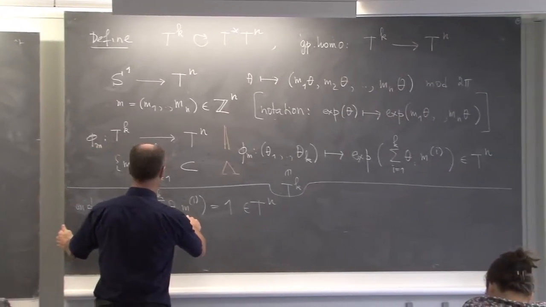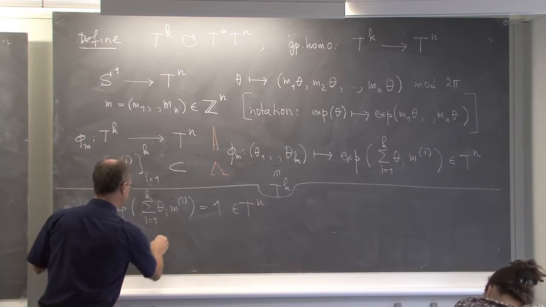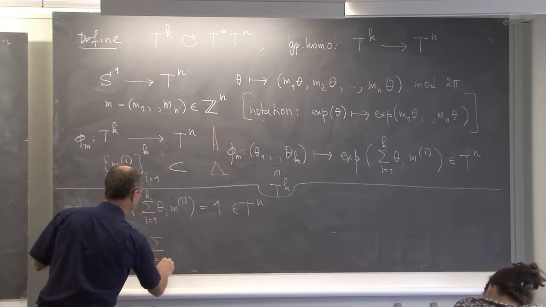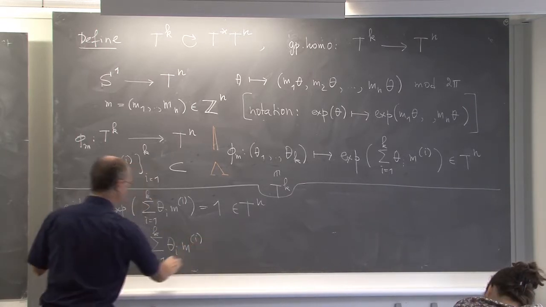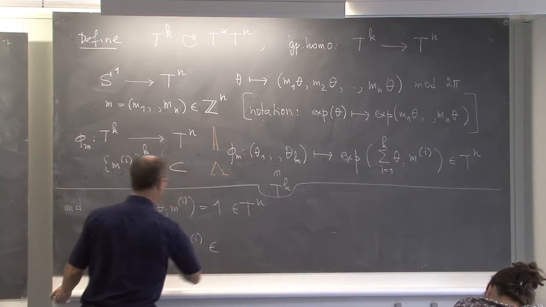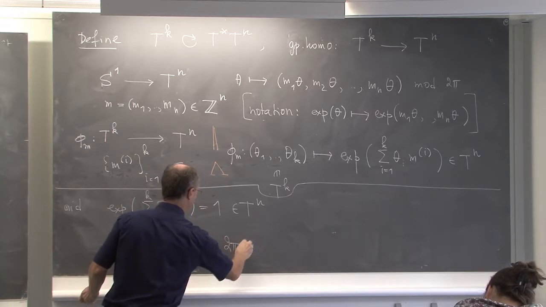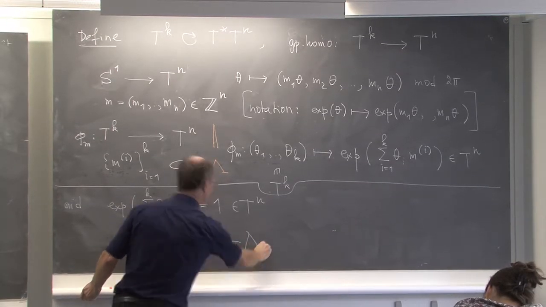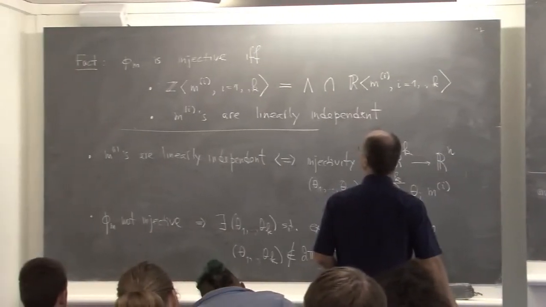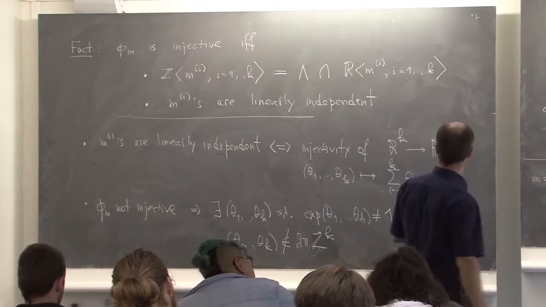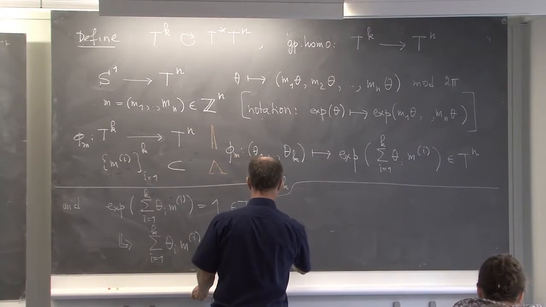And this means that this guy is in 2 pi lambda. Right. Now maybe we divide everything by 2 pi.